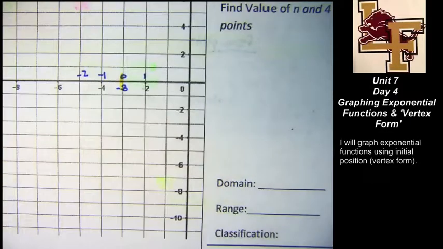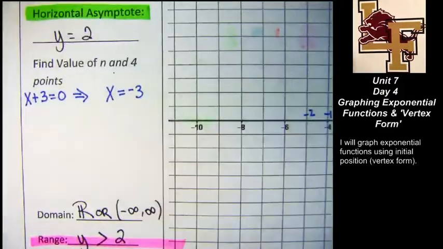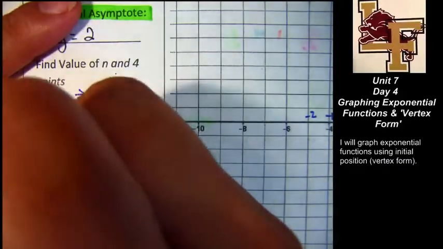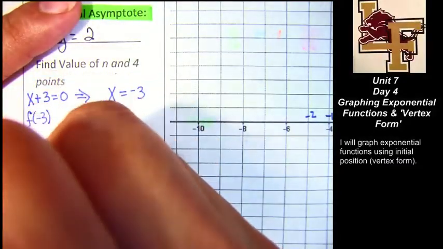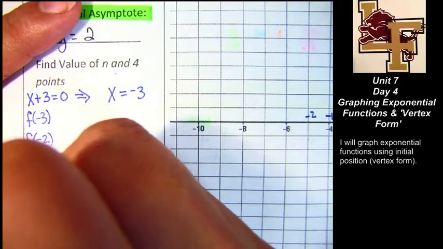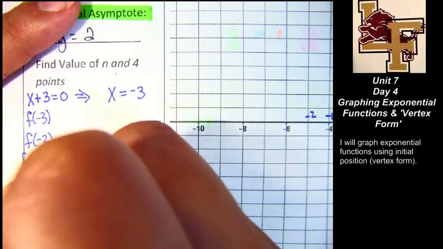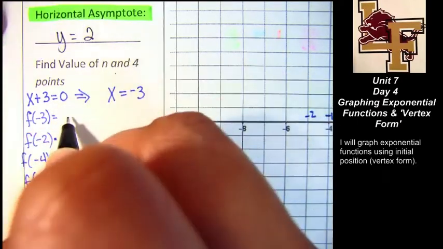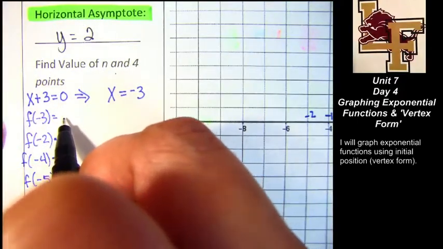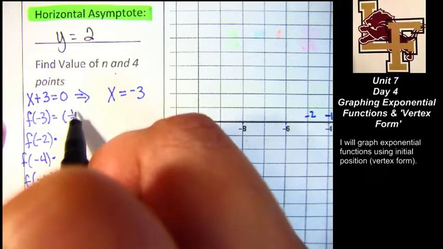It makes it easy to generate a bunch of values, so I can run this entire series without having to think really hard. Because when x is negative 3, my exponent is 0.